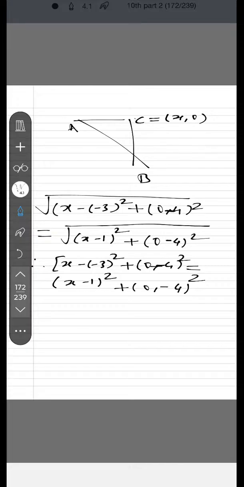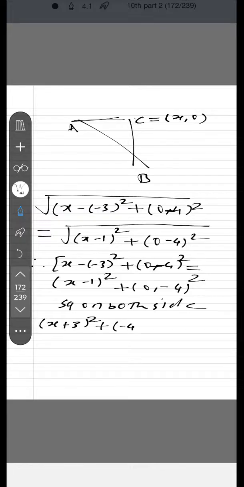How can I write that? Because this is at equal distance from points A and B. That's why. Okay, if I square both sides, then what will I get here? (x plus 3) square plus (minus 4) square is equal to (x minus 1) square plus 4 square.